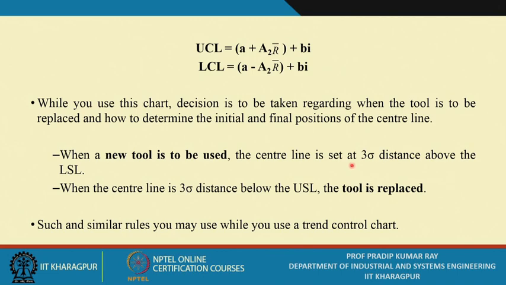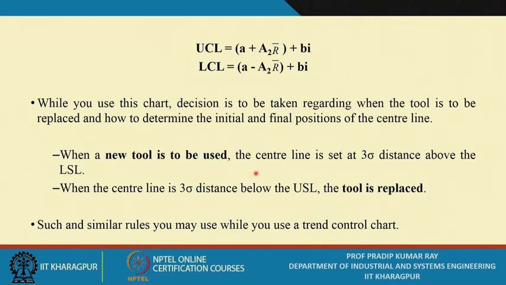So when a new tool is to be used, the central line is set at 3 sigma distance above the LSL. Is it okay? So there must be certain norms, certain rules. So what is that rule? The point at which the central line starts refers to the first sample.